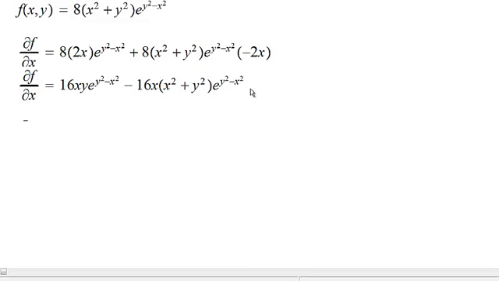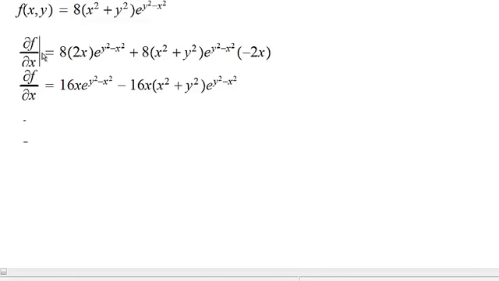How did we get y over there? 16xy? I have no idea. We shouldn't have gotten it. I'm sorry, just so happened. We should not have had y there. I don't know how it showed up. And here negative 2x. Good.